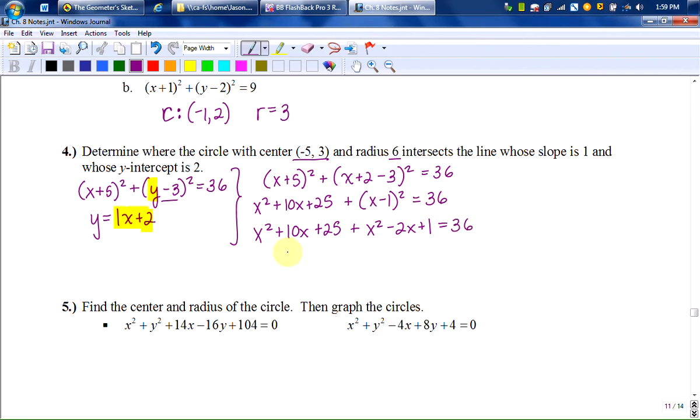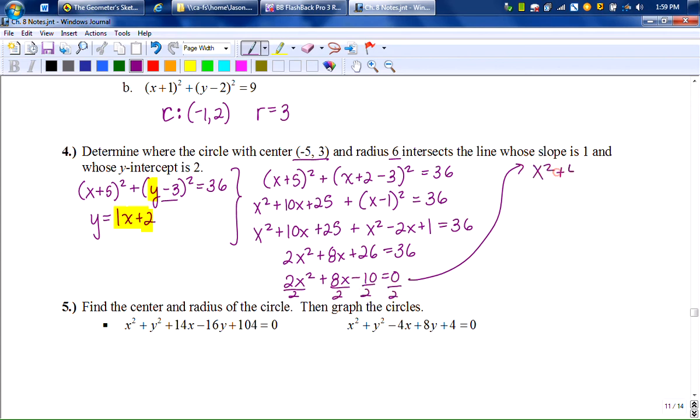I'm going to combine like terms. 2x squared plus 8x plus 26 equals 36. I'm going to set it equal to 0. 2x squared plus 8x minus 10 equals 0. I'm going to divide everything by 2, which leaves me x squared plus 4x minus 5 equals 0. Then I'm going to factor it.